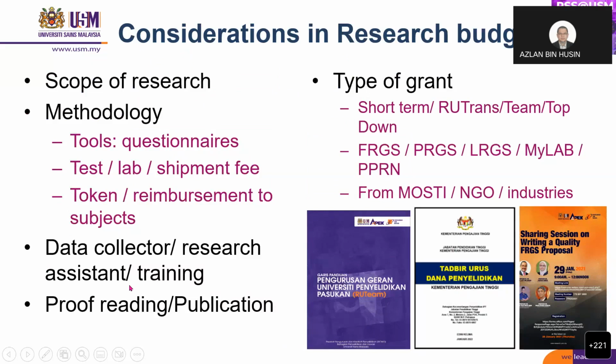Do you need to add additional members to do data collection? Whether they require assistance, they require training, and of course in publication, proofreading, and so on, to be encountered in your proposal research budget, and compare and match to the relevant grant that you want to apply for, whether USM grant or ministry, other ministry grant, and so on.